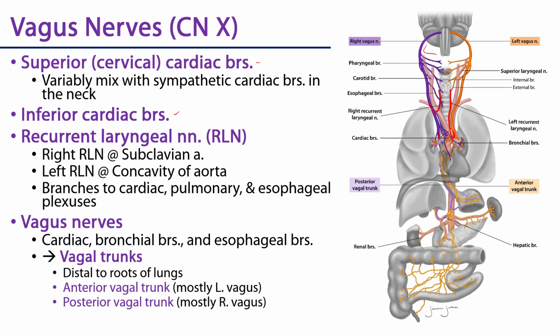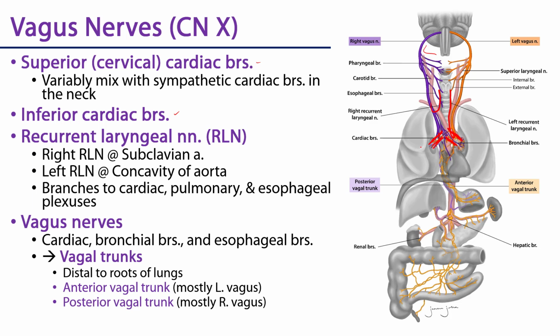They move posterior to the roots of the lungs, which we can see here and here. And that's going to be important because those pulmonary plexuses are going to be straddling the roots of the lungs, as we'll see. And once the vagus nerves make it posterior to the roots of the lungs, they form a very close association with the esophagus.